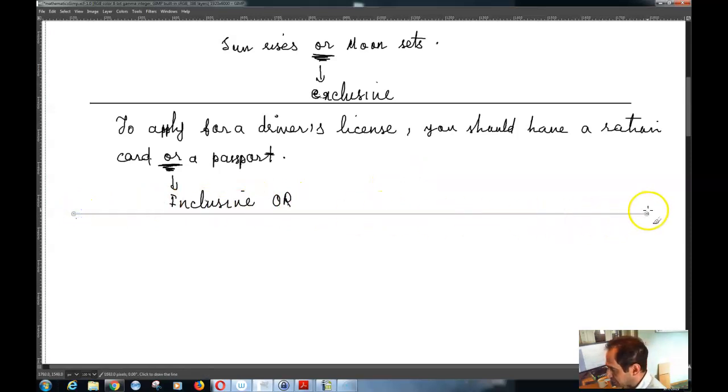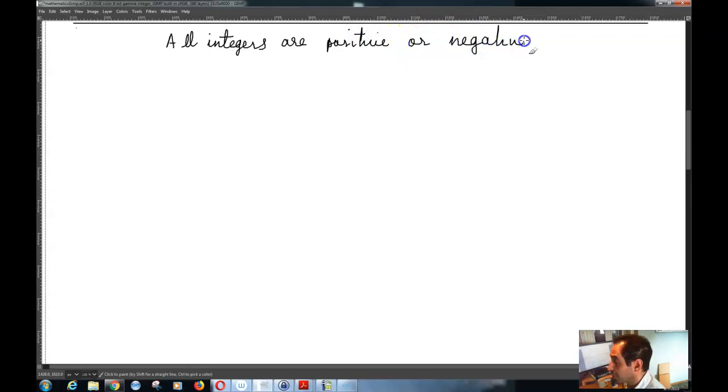So now the next question that we have here is: all integers are positive or negative? All integers are positive or negative.